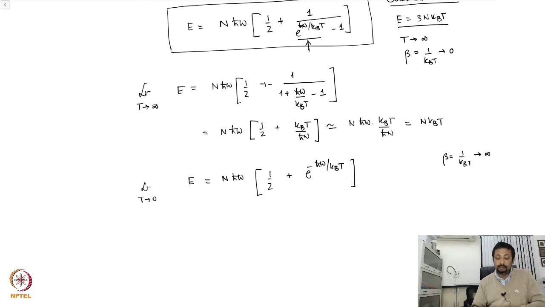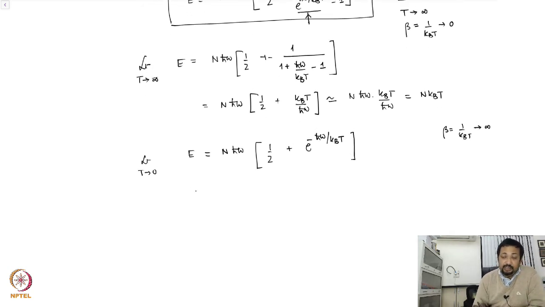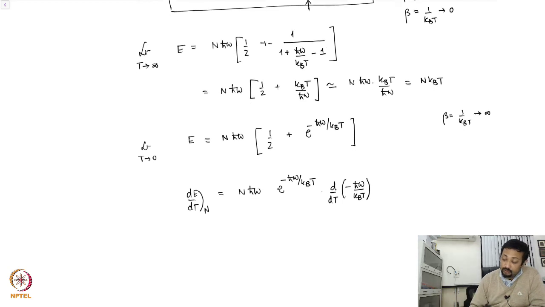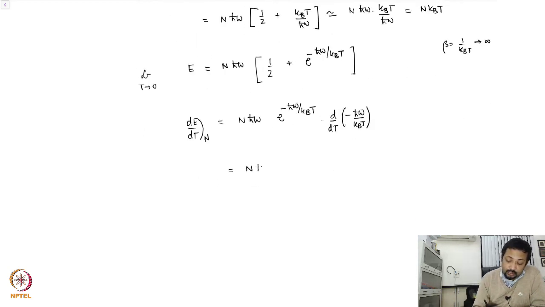Once again, the specific heat now becomes dE dT at constant N, which is N h bar omega e to the power minus h bar omega over kBT times d dT of minus h bar omega over kBT, which is going to be N h bar omega e to the power minus h bar omega over kBT.